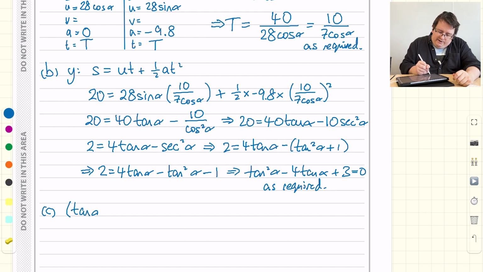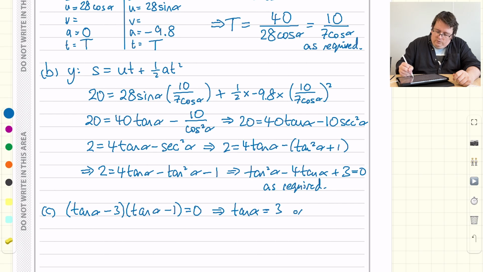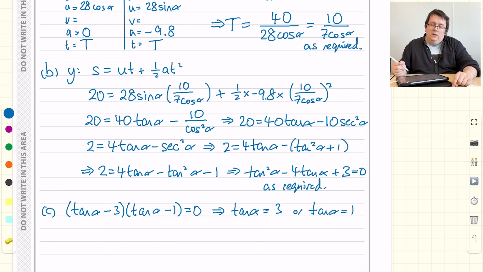So that's tan alpha take away 3, tan alpha take away 1. So tan is 3, or tan is 1. Now of those two, tan alpha is 3 will give you the highest point because that's the steepest gradient.